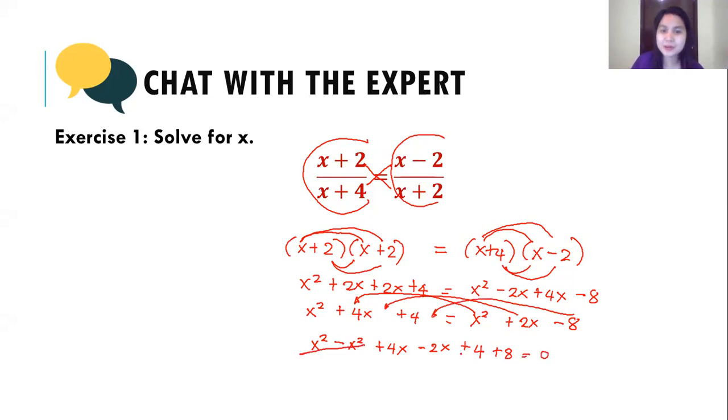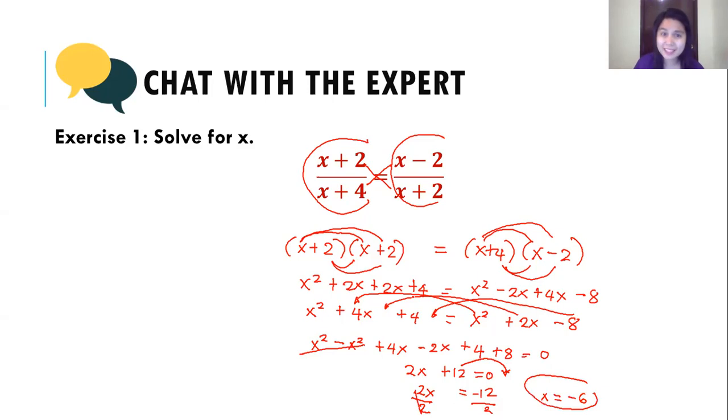So this is now 0. We have 2x plus 12 equals 0. Let's transfer the constant term to the other side. 2x equals negative 12. Divide all by 2. So our x is negative 6.